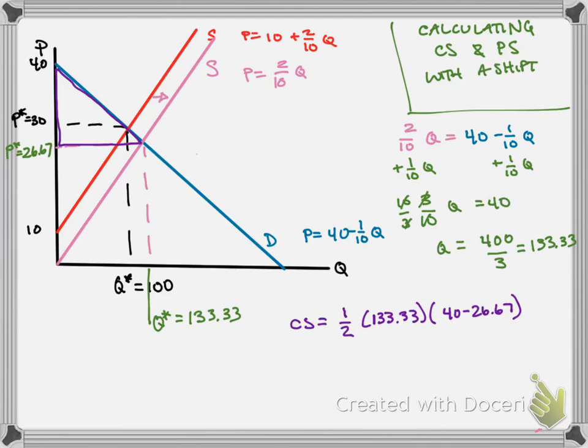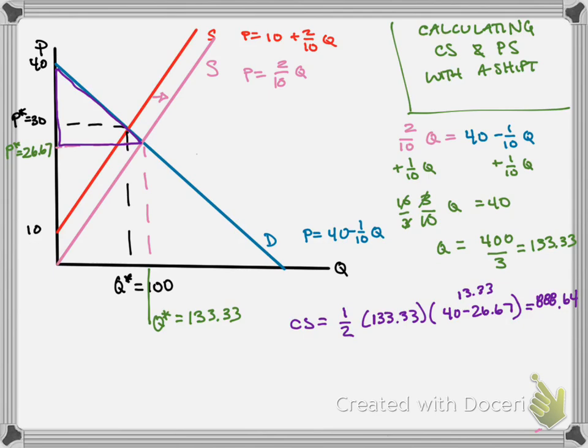I didn't do that right on my calculator. Let's try that again. 40 minus 26.67. This number here is 13.33 times 133.33, which is a really big number, divided by 2 is equal to 888.64. So that's consumer surplus.